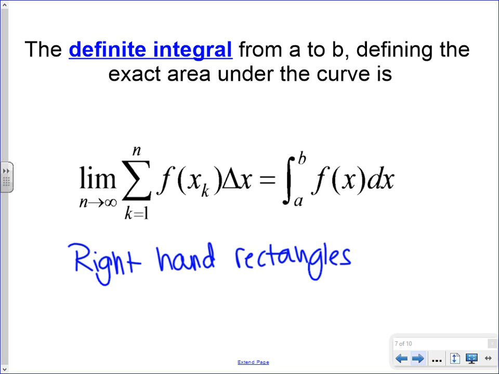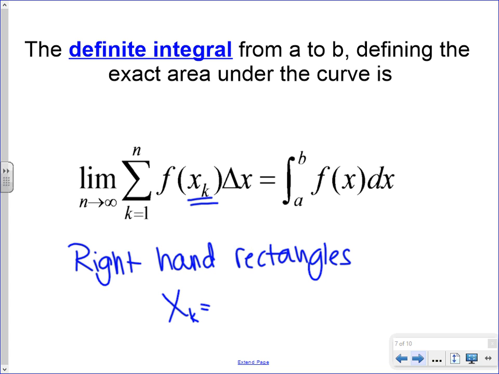So if that is the case, then these right here, x sub k. If you think about it, when we do right-hand endpoints, going from a to b, do we want f of a as one of our heights? No. We take a and we have to add the width, and that's where we start.